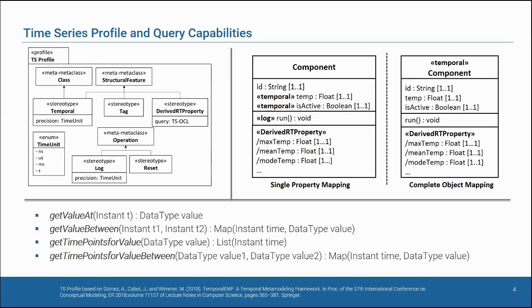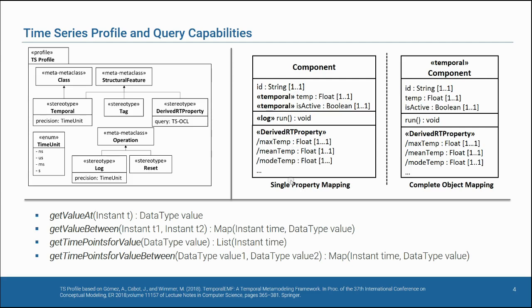Based on this defined profile, it is now possible to use it for the example from before. On the right side, you can see the 2 different mapping strategies, the single property mapping and the complete object mapping for the class component.